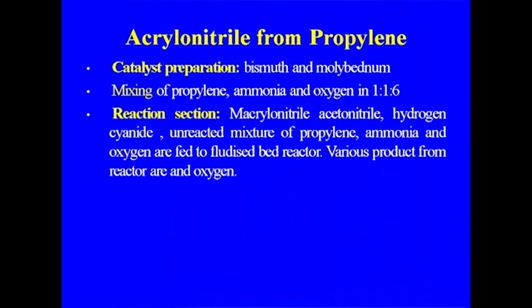The various stages involved: first is the catalyst preparation, bismuth and molybdenum catalyst, then mixing of the propylene, ammonia and oxygen in this ratio along with the catalyst. Then the reaction vessel, where the acrylonitrile, acetonitrile, hydrogen cyanide, and unreacted mixture of the propylene, ammonia and oxygen are fed to the fluidized bed reactor.